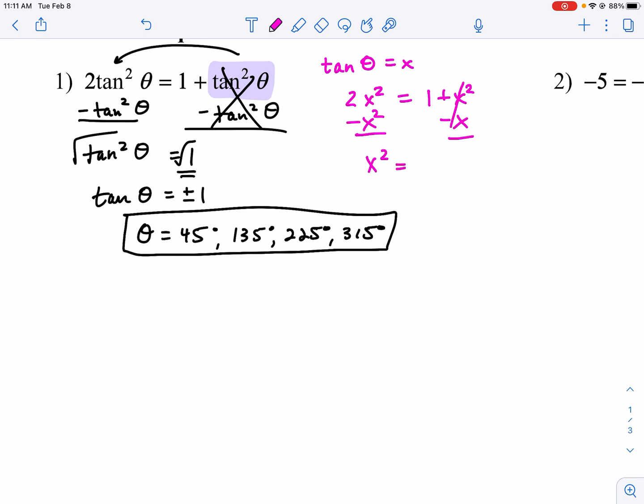So x squared equals 1, take the square root, x equals plus or minus 1, and then sub back in tangent theta equals plus or minus 1. So it just kind of depends if the trig function is too much for you. Just sub out and put in x or whatever variable is your jam.